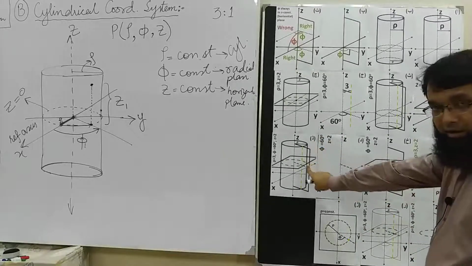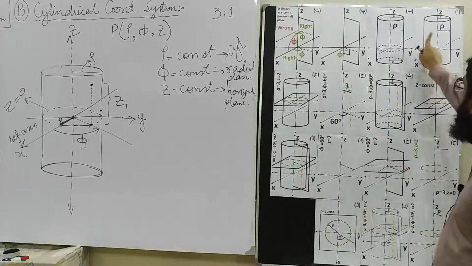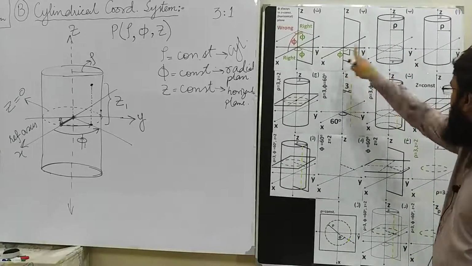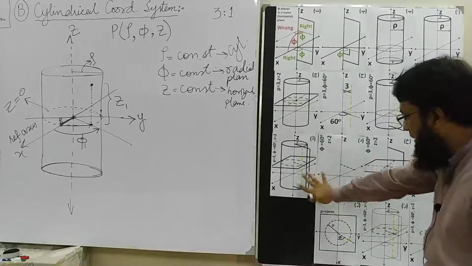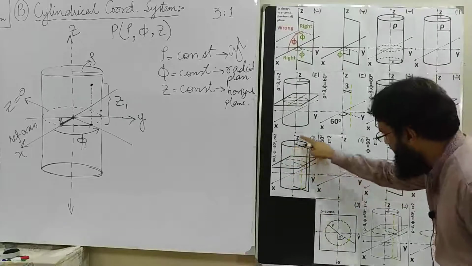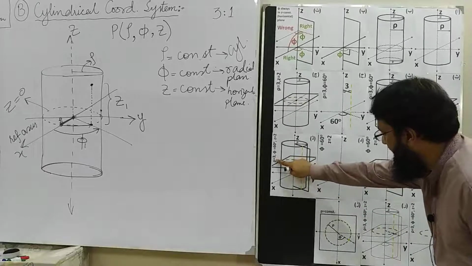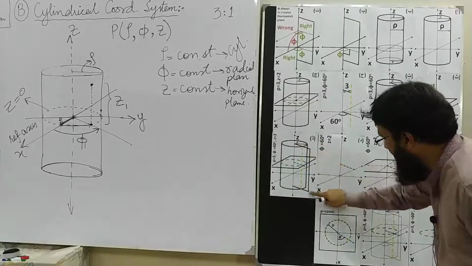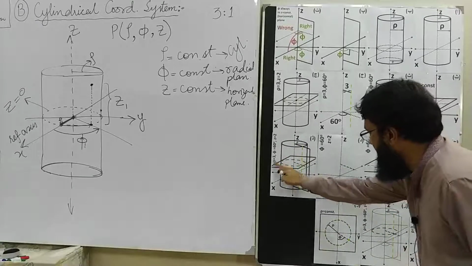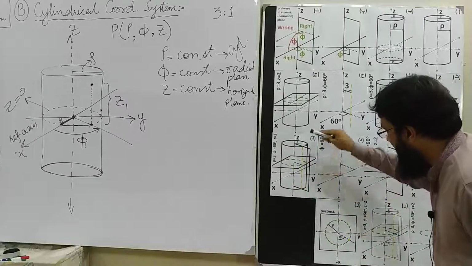Now figure number 14. It is the combination of all three: rho equals constant, phi equals constant and z equals constant, drawn on the same plane. You can see the cylinder of constant radius, rho equals 3, the radial plane of constant angle, phi equals 60, and the horizontal plane z equals 2.